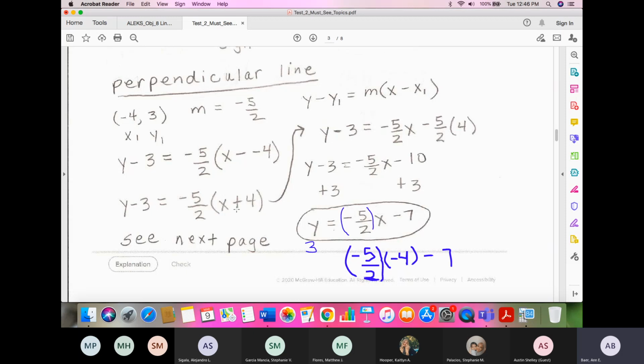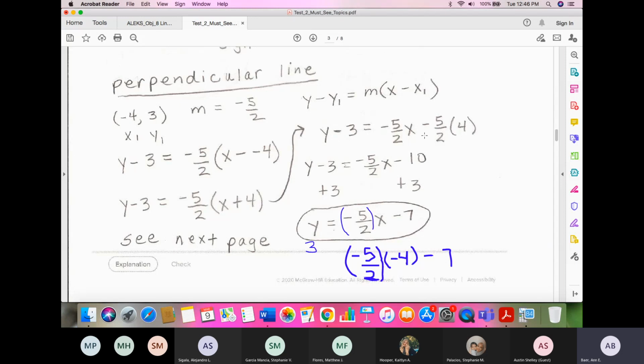This is multiplication over addition, so we can distribute the -5/2 through. -5/2 times x is -5/2 x. Negative times positive is negative. So this would be -5/2 times 4. So what do we get? We get y minus 3. So now we have this.